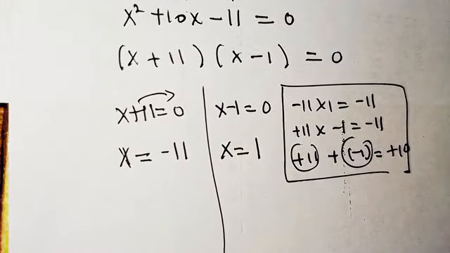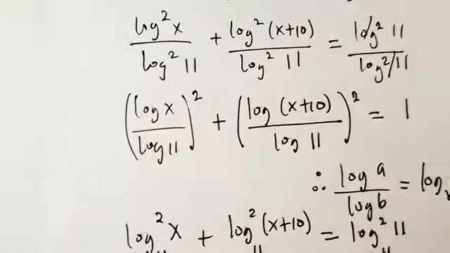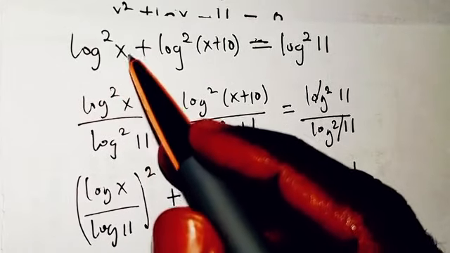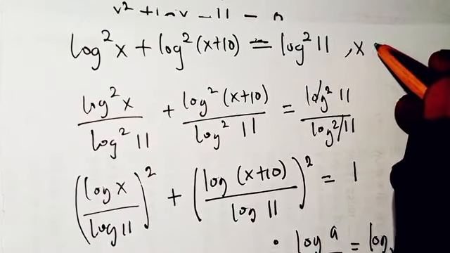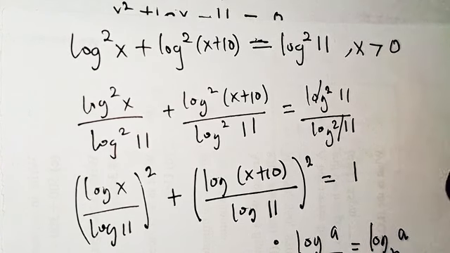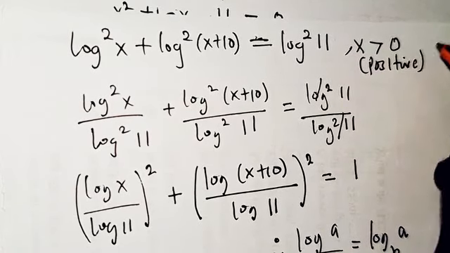So according to what we have, when you go back to the equation, the domain is x cannot be what? x will always be greater than 0. So we cannot have negative, that is, positive value of x we must get.